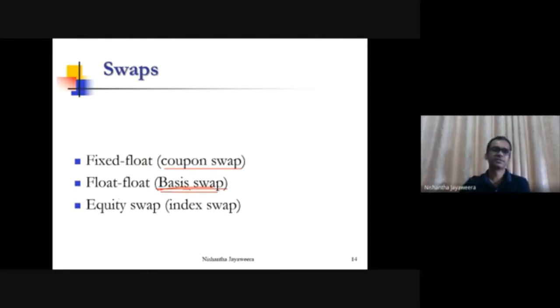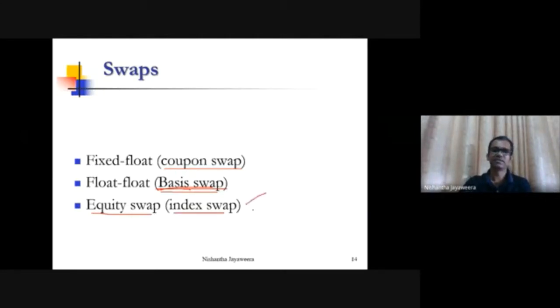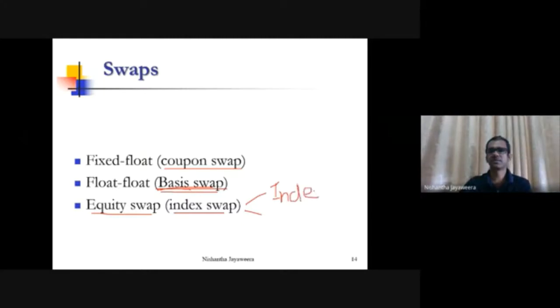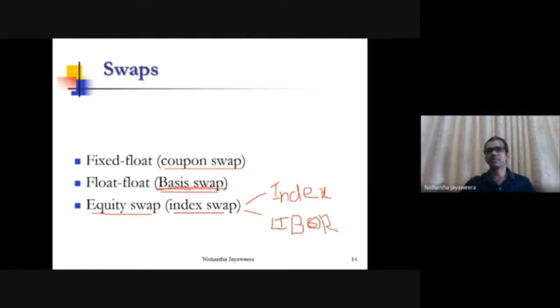Apart from that, there's another one called equity swap or an index swap. In that case, one is a return on the equity index. Other side may be a reference rate, something like LIBOR. One party pays the return on the index, while the other party pays the LIBOR, maybe LIBOR plus margin or something like that.